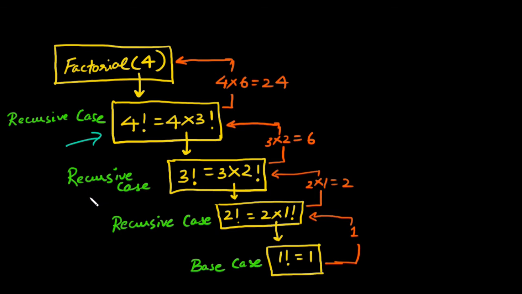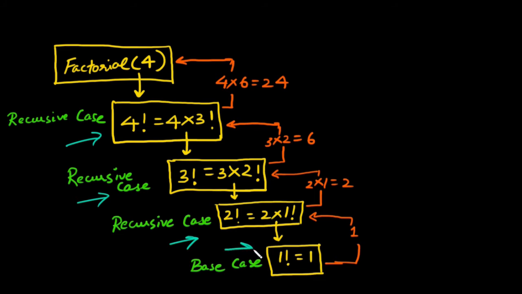That's why 4 factorial is equal to 4 into 3 factorial. Again, this 3 factorial could be expressed as 3 into 2 factorial, because of the same reason. And 2 factorial could be expressed as 2 into 1 factorial. And in the end, we know that 1 factorial equals 1.